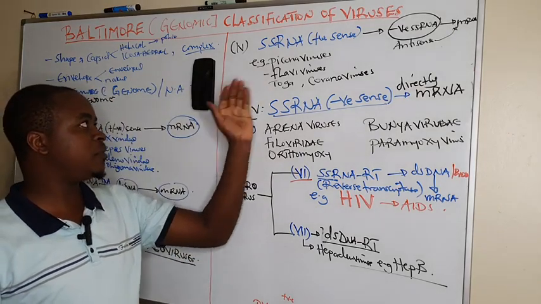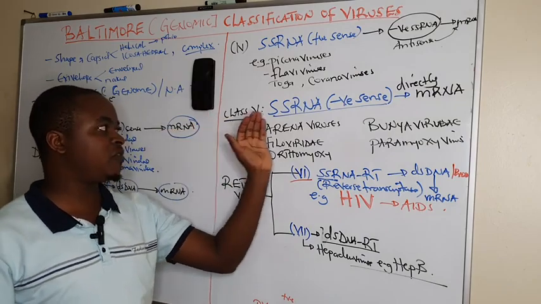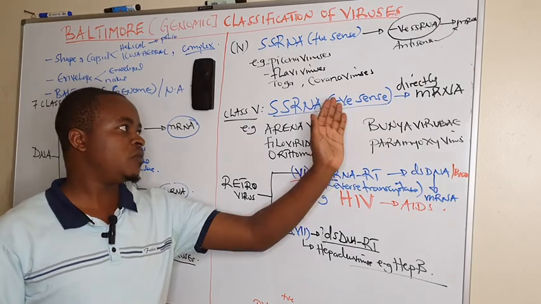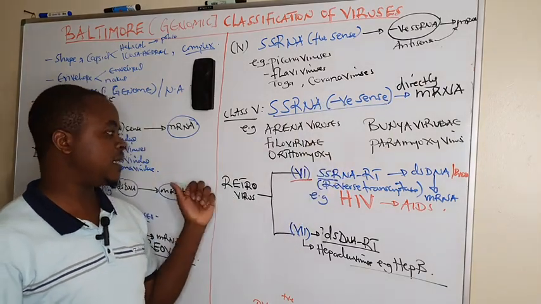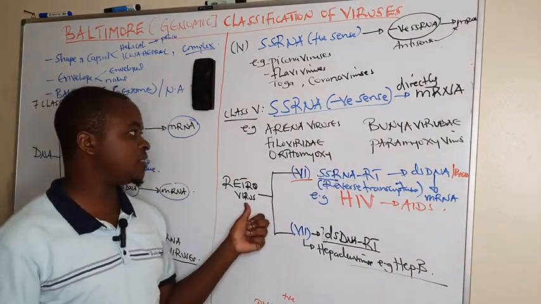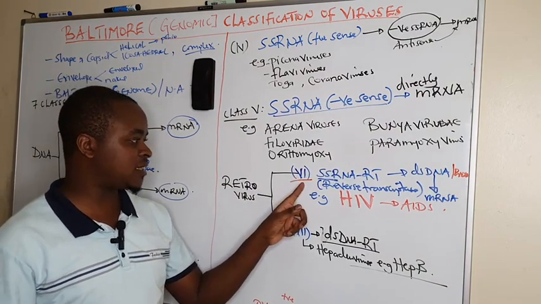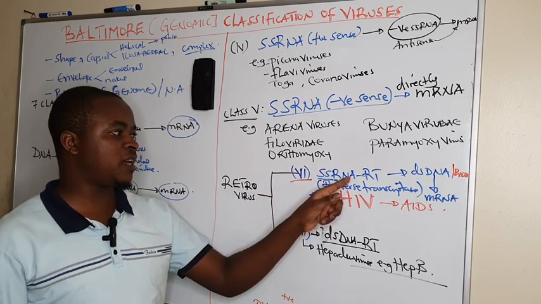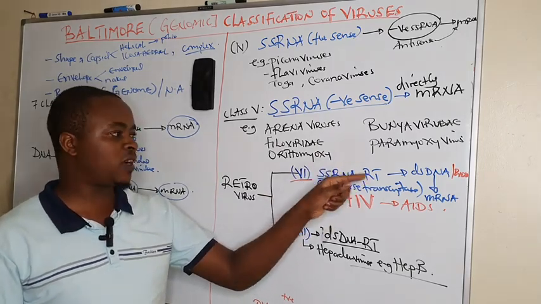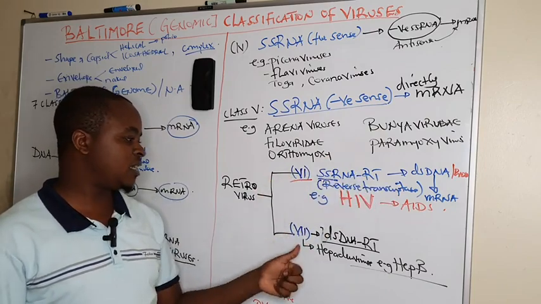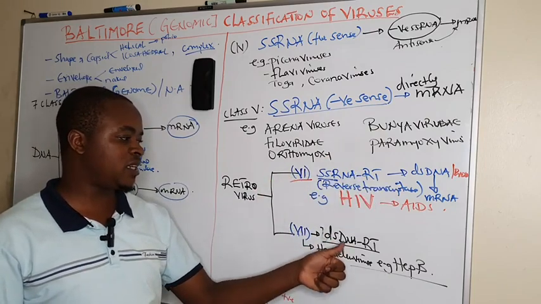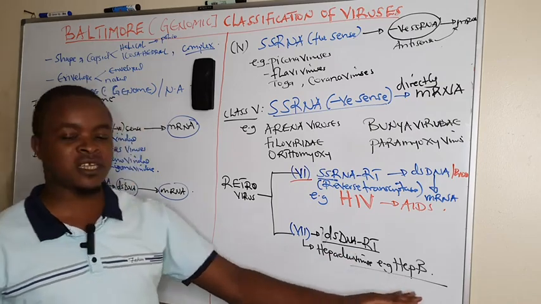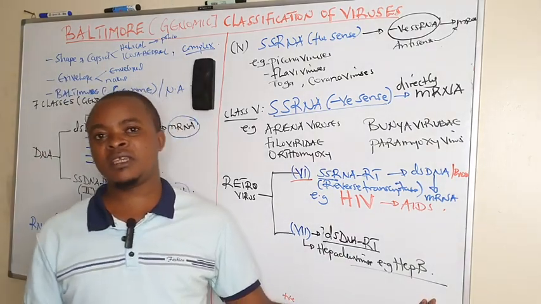We have seen examples there. Then we have seen class 5, which is single-stranded RNA with the negative sense. Then lastly, we have seen retroviruses, which has class 6 and 7, whereby class 6 have single-stranded RNA with reverse transcriptase enzyme. Then class 7 double-stranded DNA reverse transcriptase, where we have seen hepatitis B being a member.